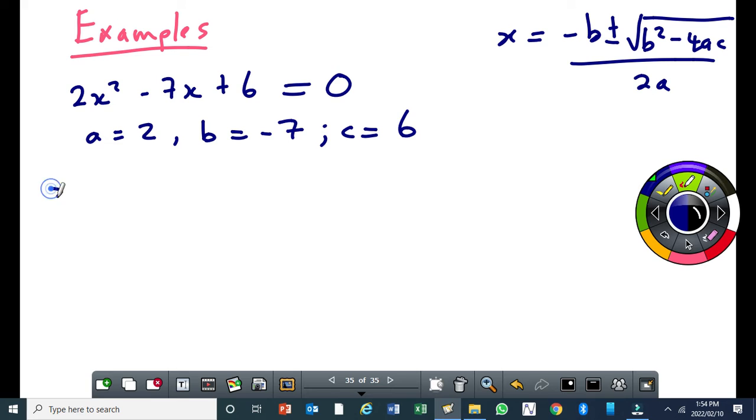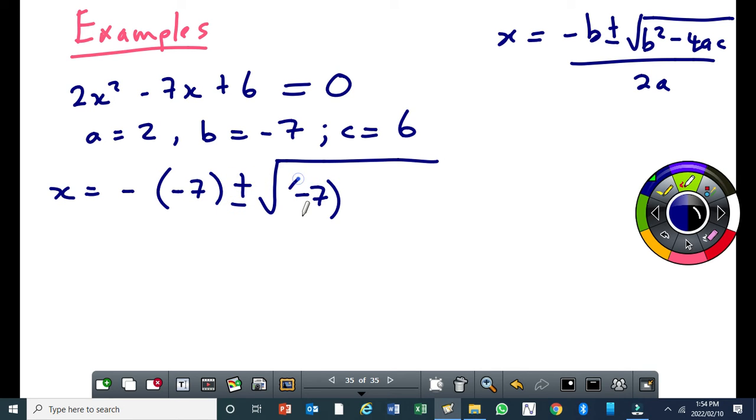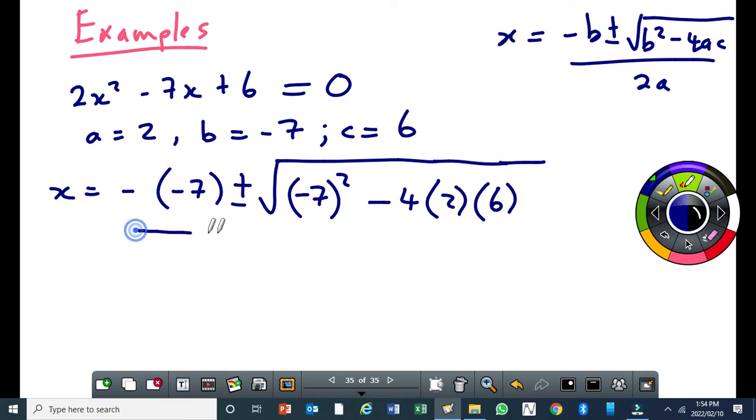So if you substitute, we get x equal to minus. Now here our b is negative, but there's a minus in front of the b in the formula. So write the minus, then minus 7 plus or minus the square root of minus 7 squared minus 4 times a, which is 2, times c, which is 6, all over 2 times 2.